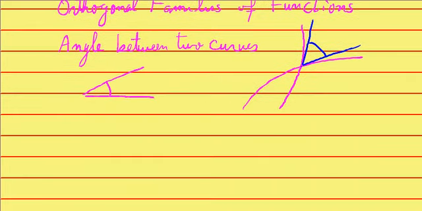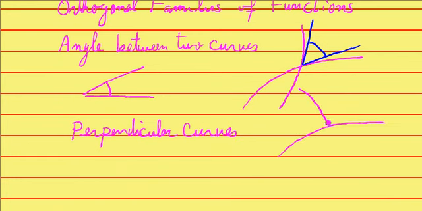So if two curves intersecting each other define an angle between each other, we can talk about two curves being perpendicular. So next issue is perpendicular curves. It simply means that you have one curve and the other one, and at the point of intersection they make a 90-degree angle between themselves.